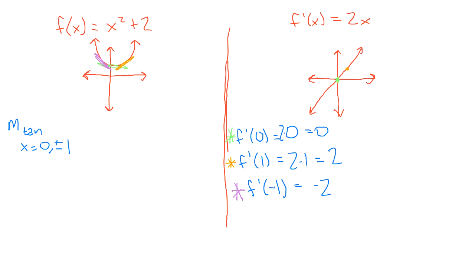So that makes sense that we'd get the same slopes just with different signs at 1 and negative 1. Now we can see how our initial function and our derivative can be related even on a general level.